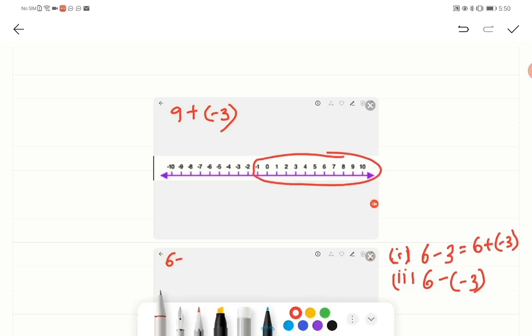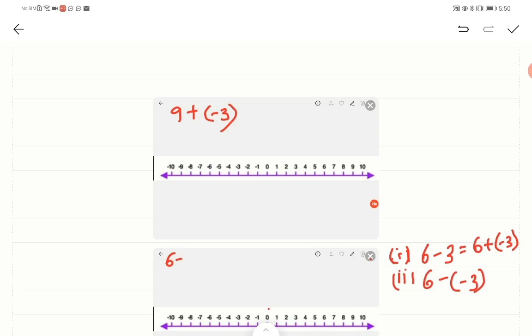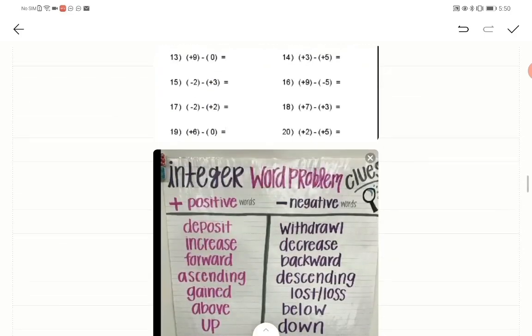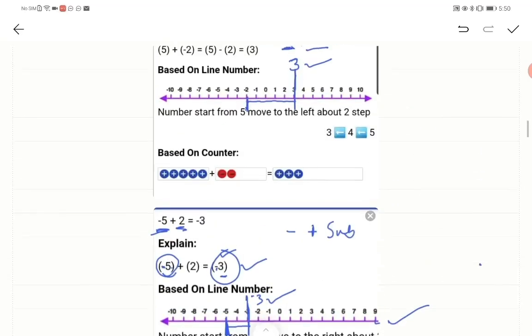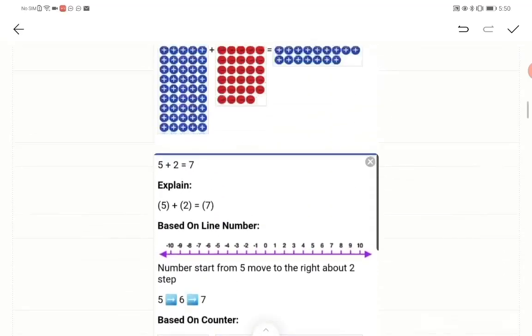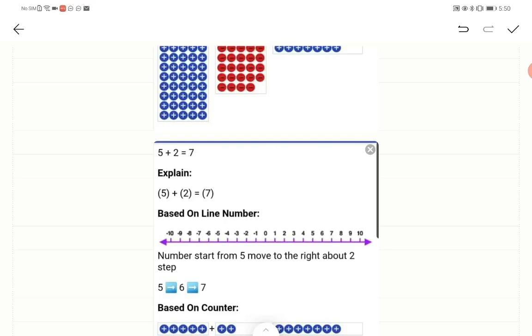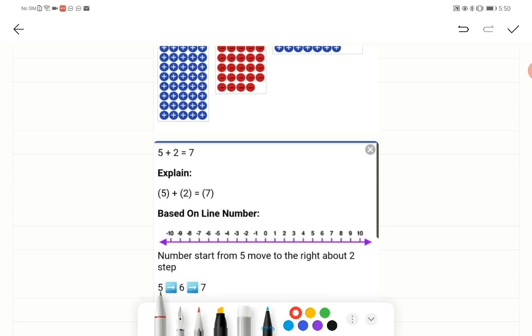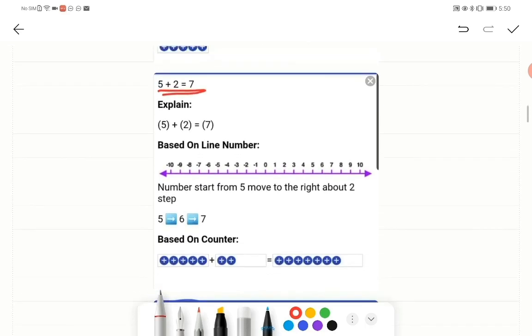We had finished this. Let me revise one more time and move on further. We had seen so many examples for addition, so how to plot these kinds of additions on your number line. Let me revise it quickly, students.